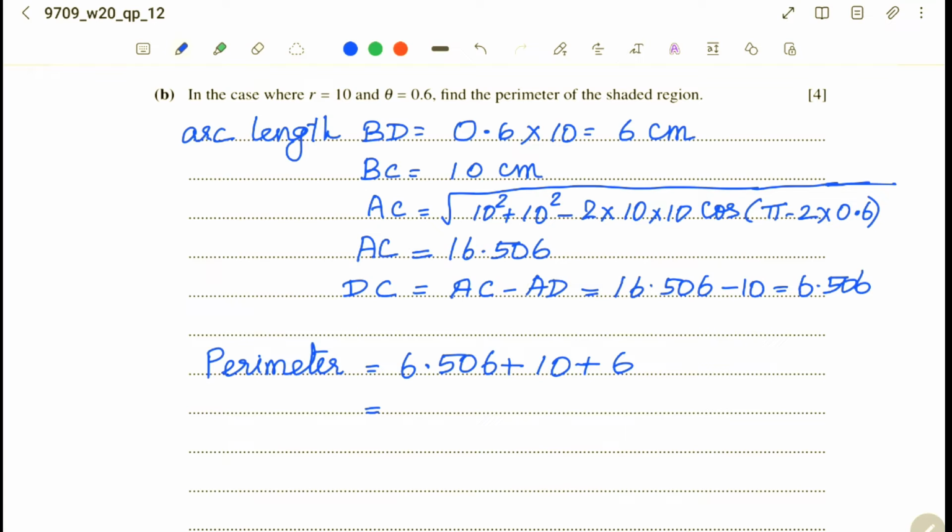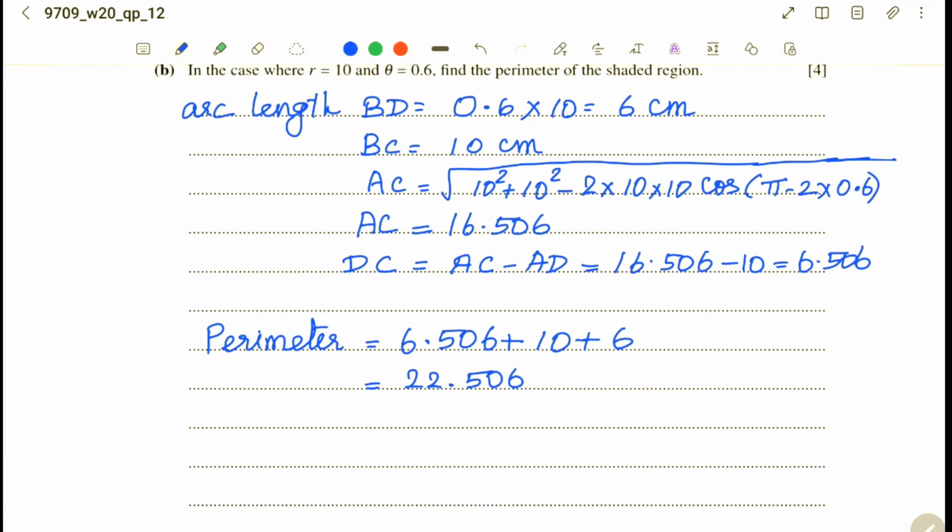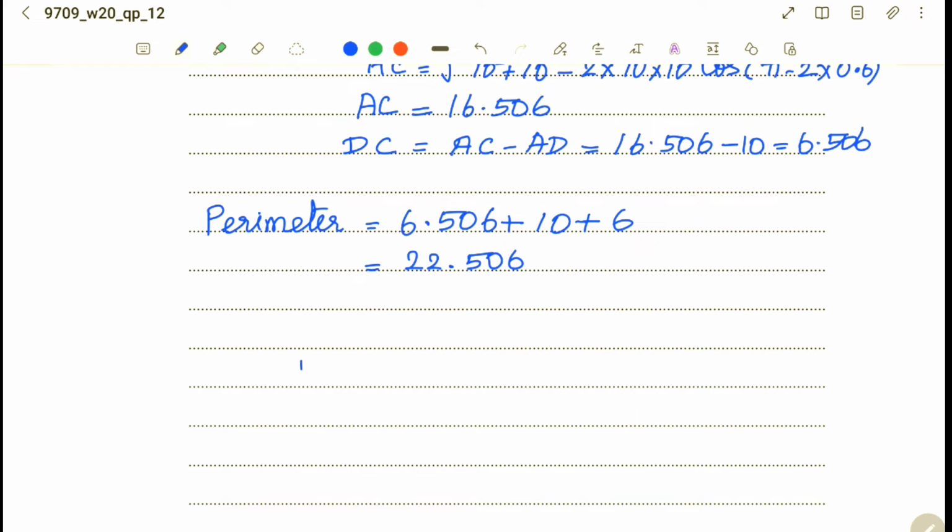So this is equal to 22.506. So the perimeter is approximately 22.5.